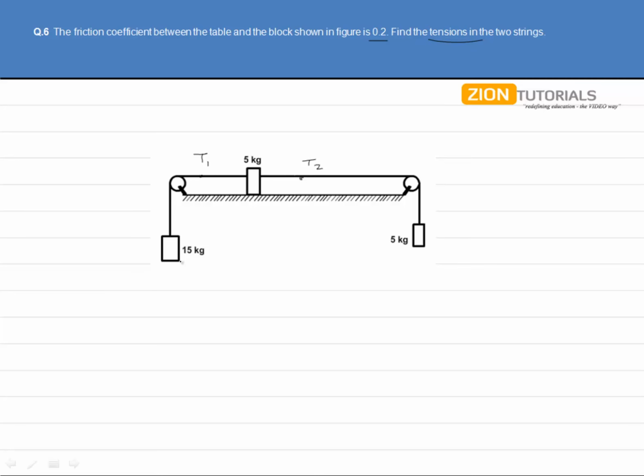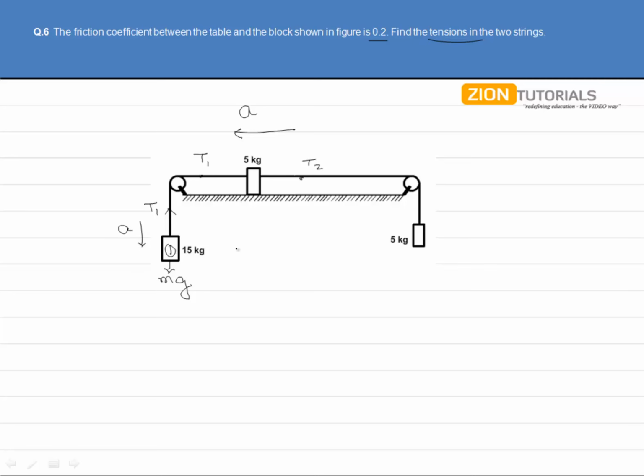Now let us mark the forces on the first block, in which we have an mg force in the downward direction and a tension T1 in the upward direction. If we assume that the system is accelerating to the left with an acceleration of a, then this block must be going downward with an acceleration of a.